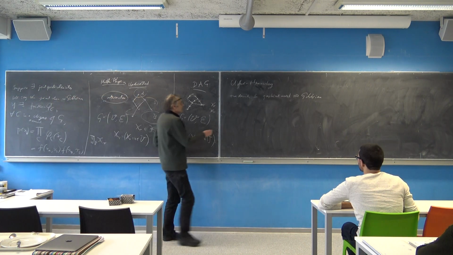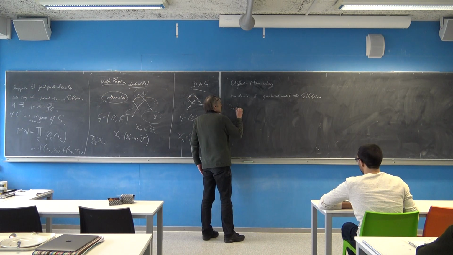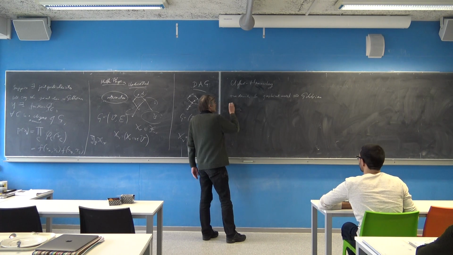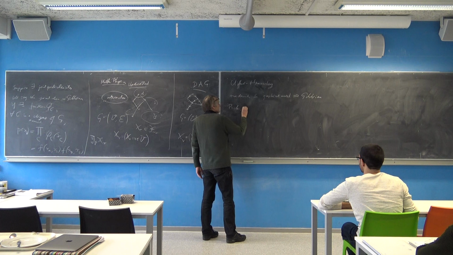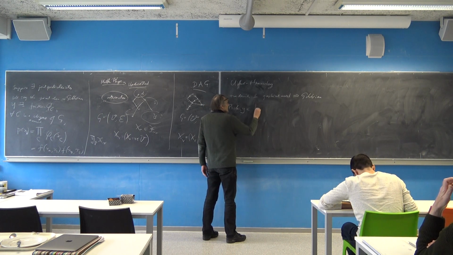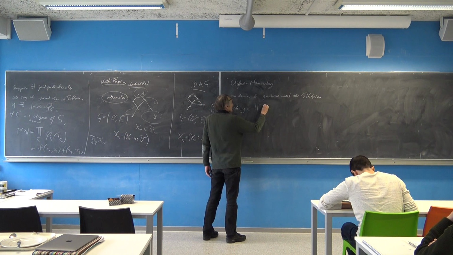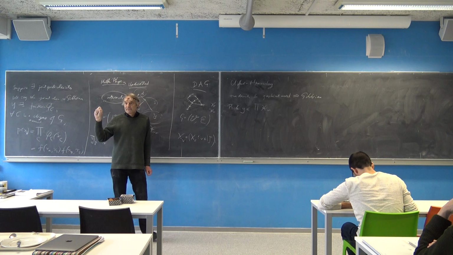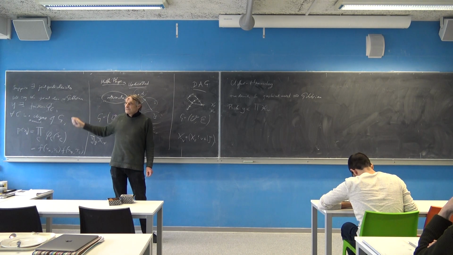So what we do is we define some functions as follows. First of all, I pick a y in the product of the x_v's. So that's a sort of reference outcome of all the variables.